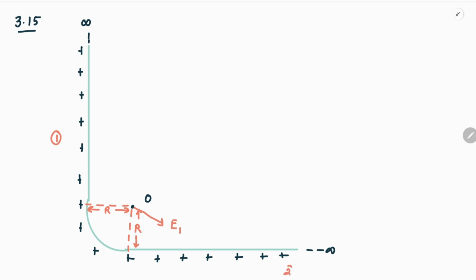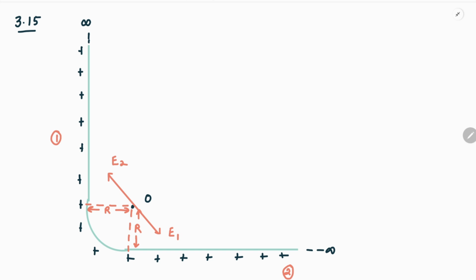It will be counterbalanced by system 2. So if we consider this as system 2, this is E2. So E1 and E2 technically nullify each other, and the net result produced is 0.